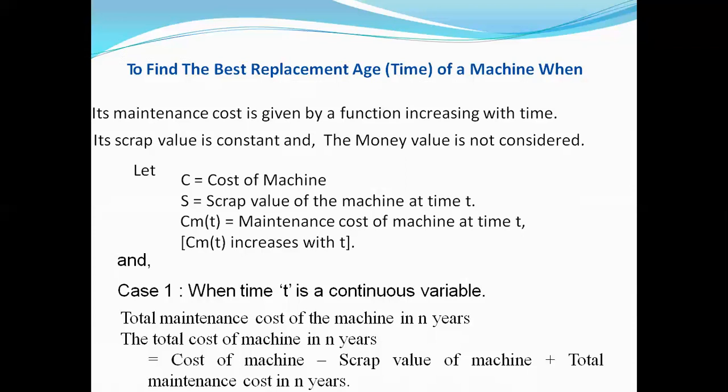So here n refers to the lifetime, the number of years after purchasing. If for example n is equal to 4 or 5, we will substitute the similar value in the maintenance cost. Here C refers to the cost of the machine, and S refers to the scrap value of the machine at that time.